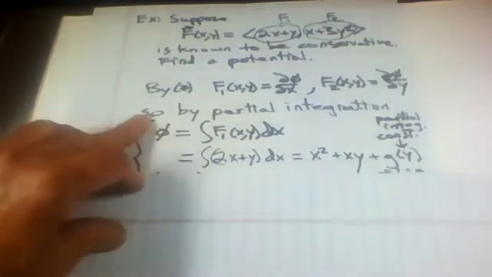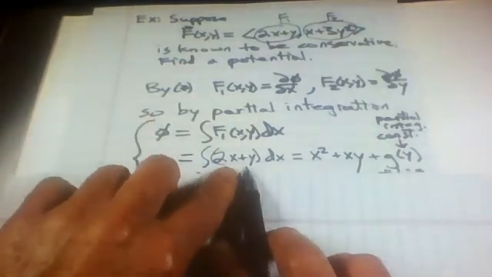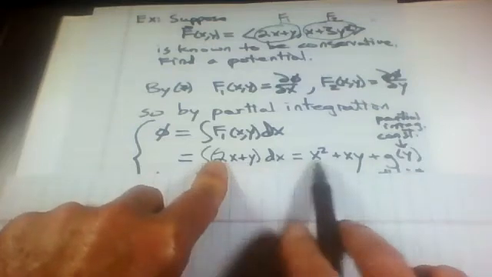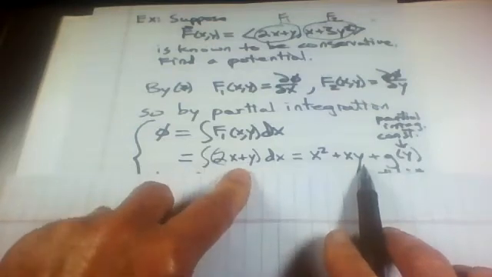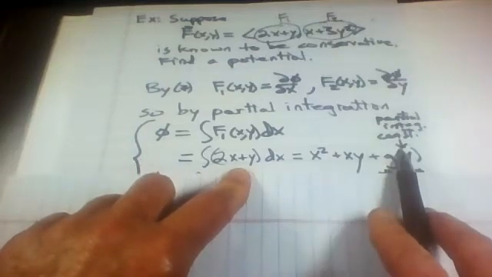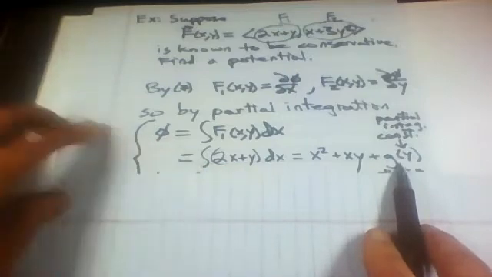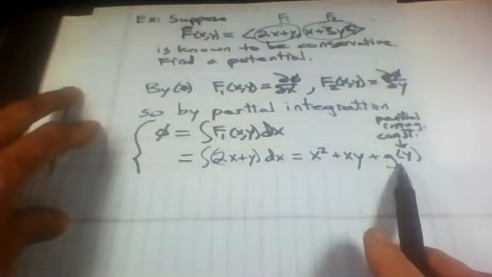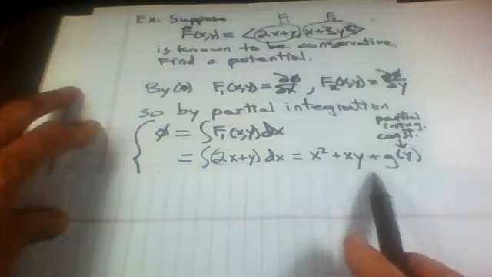So the most general partial integral of 2x plus y is: integrate 2x, treating x as the variable, get x squared; integrate y, get xy; plus an arbitrary function of y. Now we'll say that's the partial integration constant. So I don't actually know what the function is by integrating with respect to x. I know it's within an arbitrary function of y.